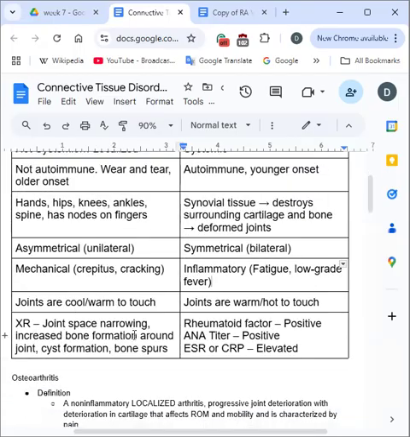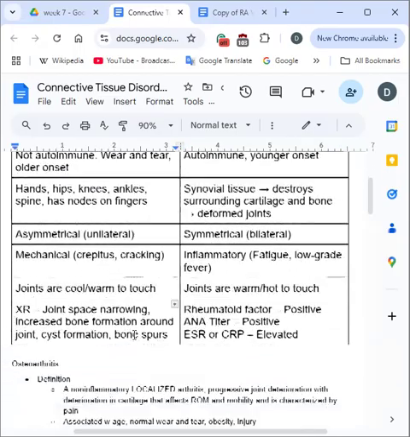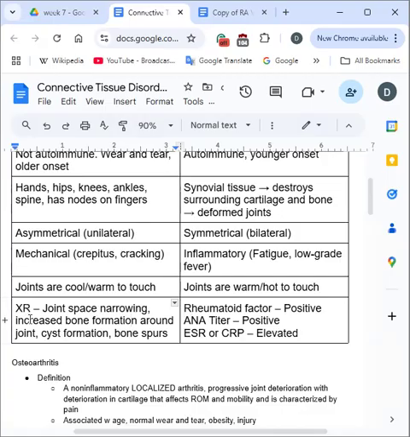And then at the bottom of the chart, for OA, the way to look at it is they do an X-ray on the bone. They will see the space of the joint narrowing because it's being worn down. Bone spurs, formation of bone spurs, cysts, little nodes as well.